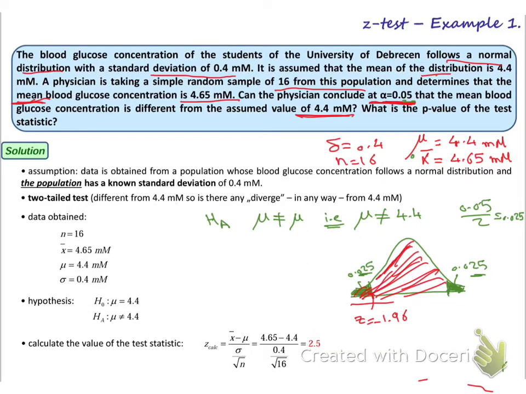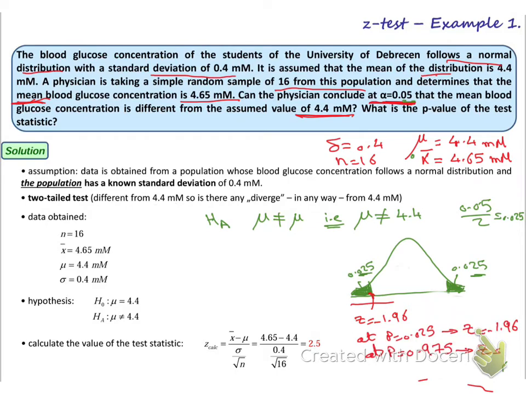So the area starting from here up to this point will be represented by 0.975. This will represent 97.5% up to here. So I have to find Z at this point. This is P, okay? So I have to find Z at this probability from the table.